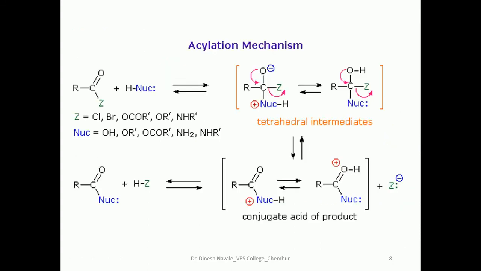Now the acylation mechanism. In the acylation mechanism, this is our carbonyl carbon system, and this is the nucleophile, denoted by the blue mark, and Z is the leaving group. What can the leaving group be? It can be chloro, bromo, acetate, alkoxy, or an amine. The nucleophile can be hydroxy, alkoxy, acetate, a normal amine, or a primary amine.